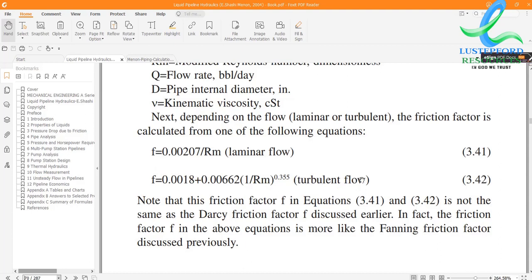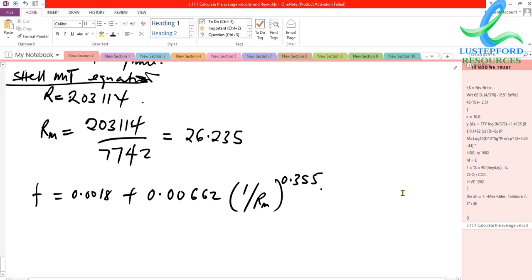It's not laminar flow since the Reynolds number is more than 4,000.